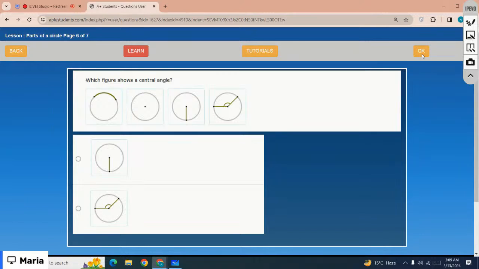Yes, the second one is the central angle on the circle. Option number two is the correct option, right?